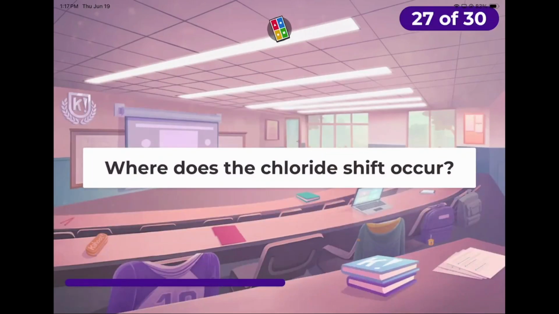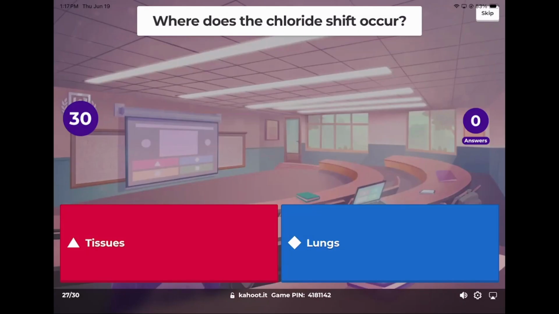Okay, where does the chloride shift occur? In the tissues or the lungs? Because remember, we have a reverse chloride shift. And where does each one occur? What other ion is being replaced by the chloride in this chloride shift?